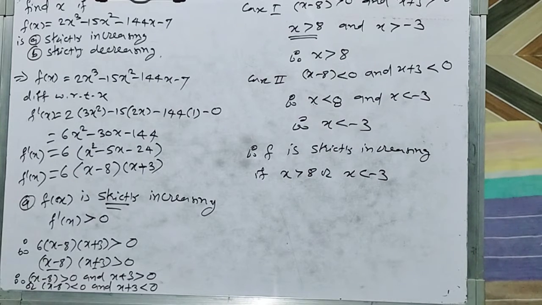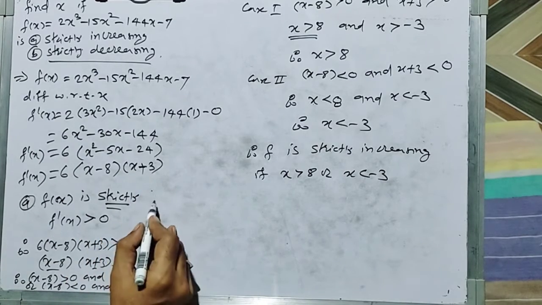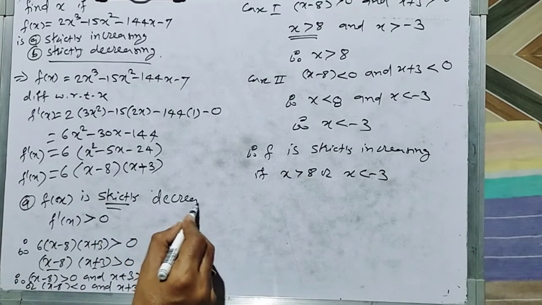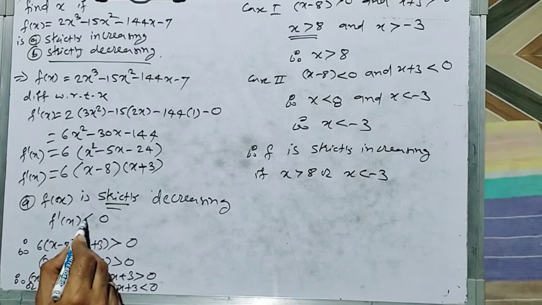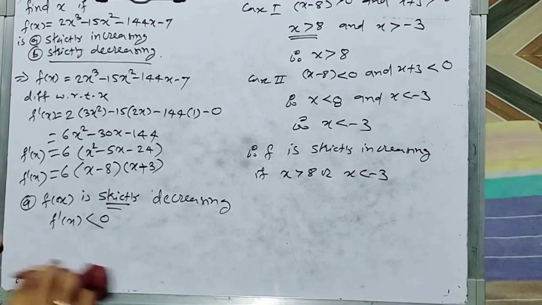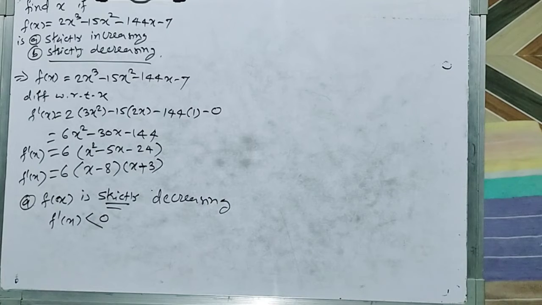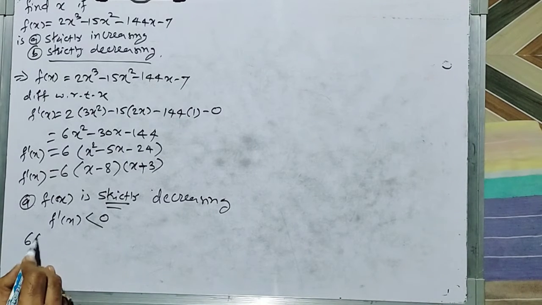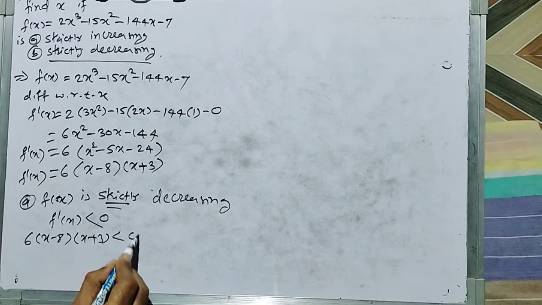Now secondly, strictly decreasing. Decreasing means here strictly less than 0. It means here 6 into x minus 8 into x plus 3 is less than 0.